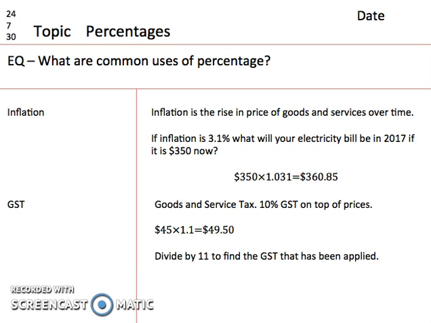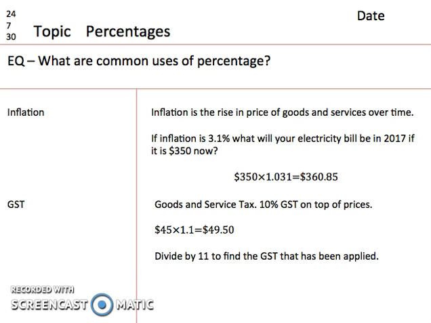As it's 10% at the moment, if we follow the train of thought from before and add it to 1, it makes it 1.1. We multiply whatever amount we're looking at by 1.1 to give us our GST. In this instance, we're looking at $45 and we're going to increase $45 by 10%. We multiply our $45 by 1.1, gives us a grand total of $49.50.